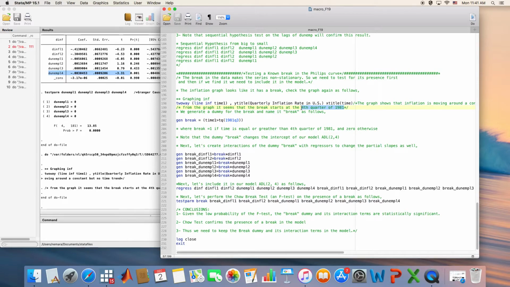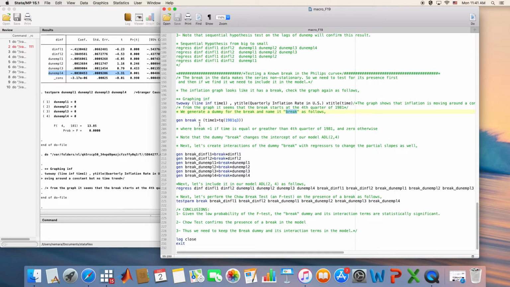But for now, just by looking at the graph, we can see that this break happens around the fourth quarter of 1981. So anytime starting from the fourth quarter of 1981 onwards, we will give it a dummy equal to 1. And this dummy, we're just going to call it a break. Okay, so we generate this dummy variable this way.